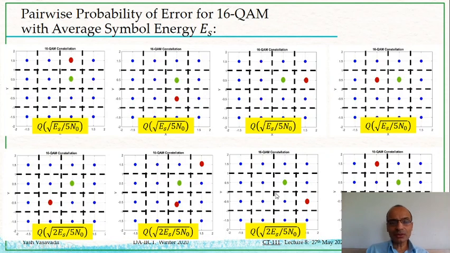And so the Q function of square root of Es over 5 N naught gives us the probability that this symbol is getting detected as this erroneous symbol colored in red. And that probability is actually the integration of that two-dimensional function over this shaded blue stripe over here.